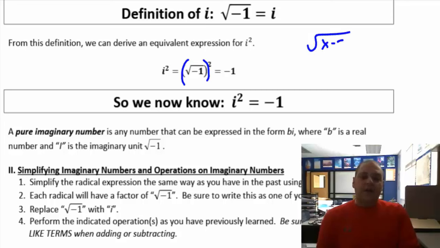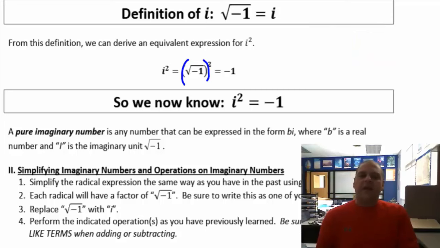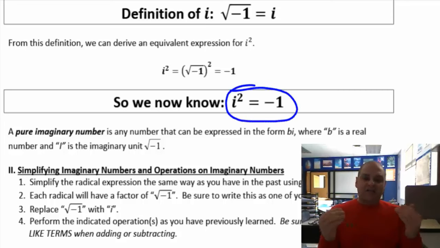Radical x minus 3 equals 4. You would square both sides, and the square cancels the square root and you just get x minus 3. Well, it's the same thing here. The square cancels the square root and you're left with just negative 1. So whenever you see i squared, it's simply negative 1.